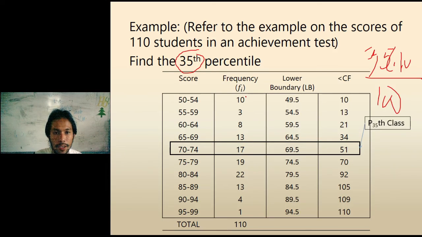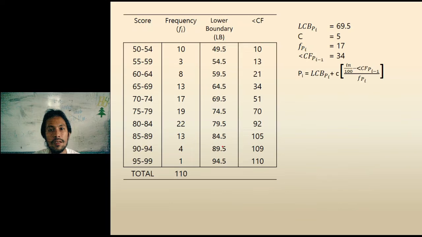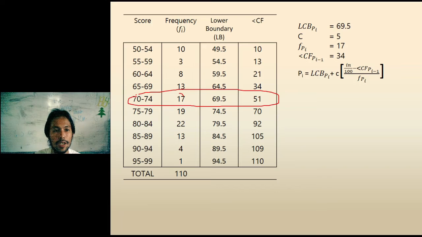So, atong pintahon 10, 13, unya 21, unya 21 plus 13 kay 34. 34, 35, 36, 37, 38. So, na-fall diri sa 17. Nadiri na sud ang atong 38.5. So, mao ni ang atong P35th class.